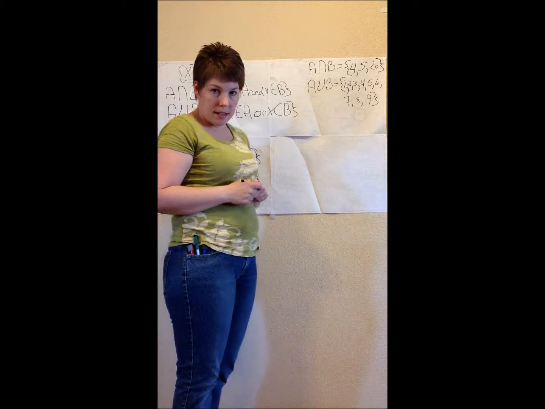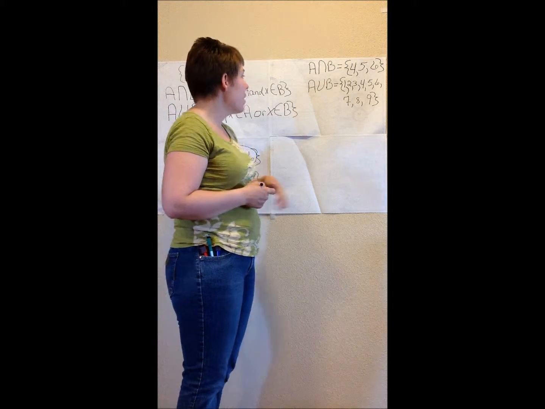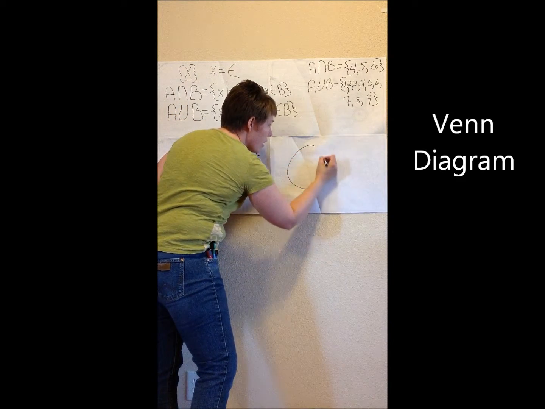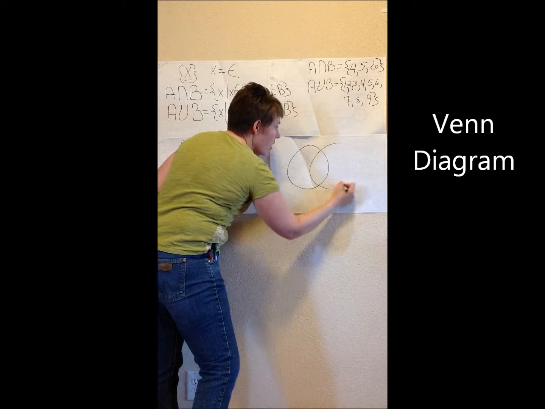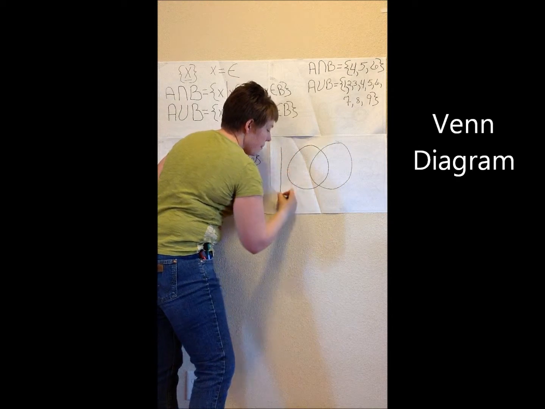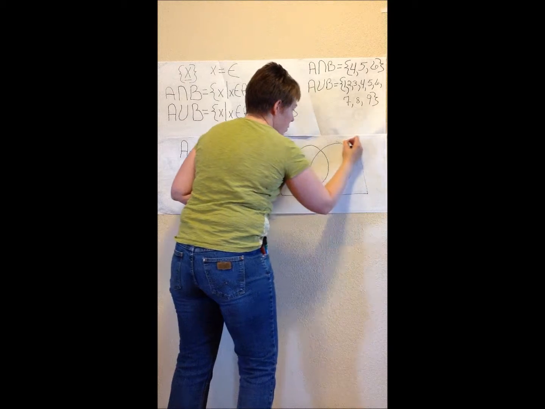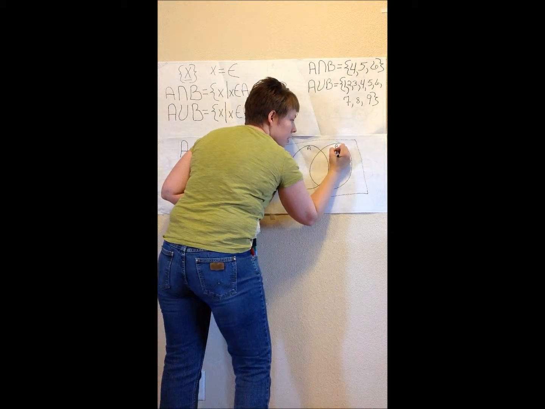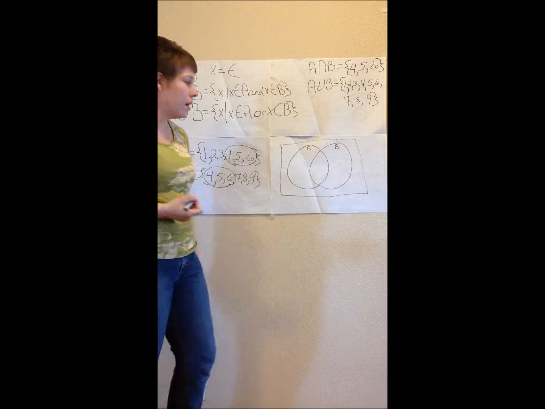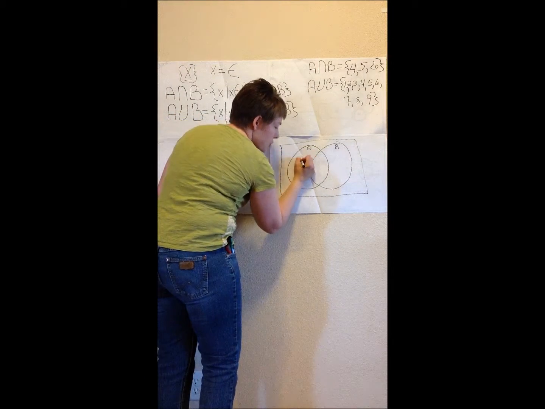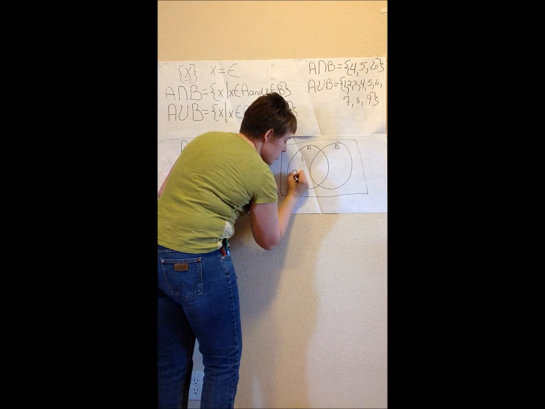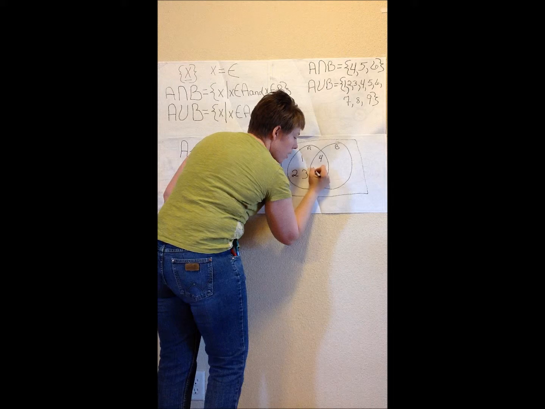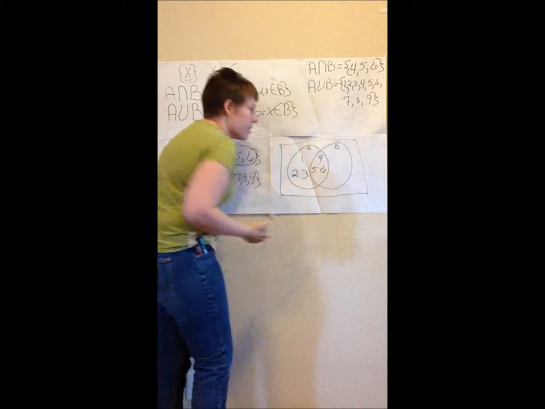Another way to represent the union and intersection of sets A and B is to draw a Venn diagram. That's two circles, where the first circle is set A and the second circle is set B. In set A we have the integers 1, 2, 3, 4, 5, and 6.